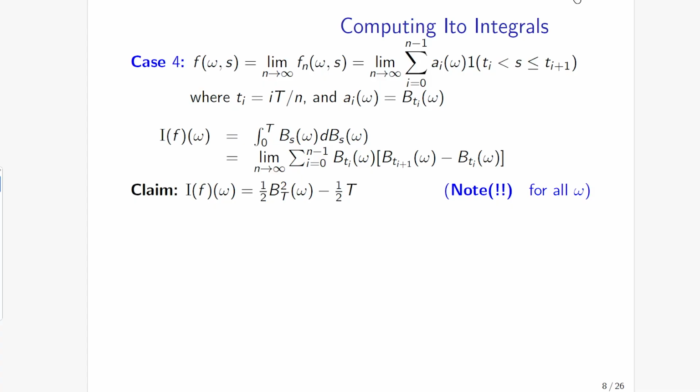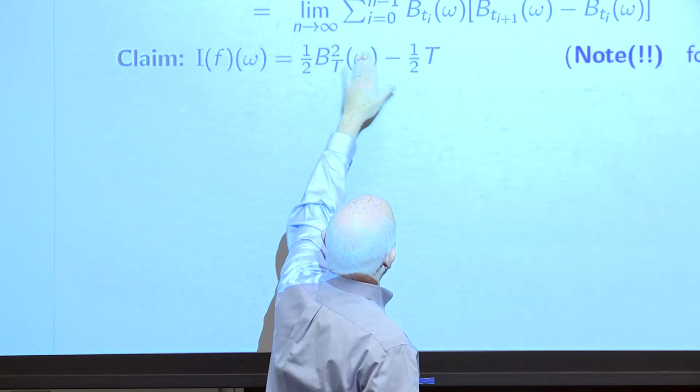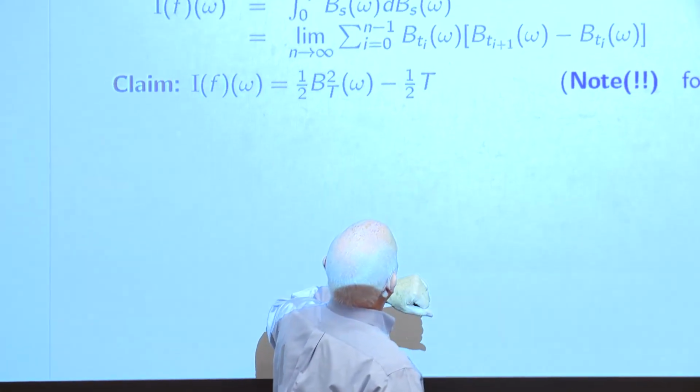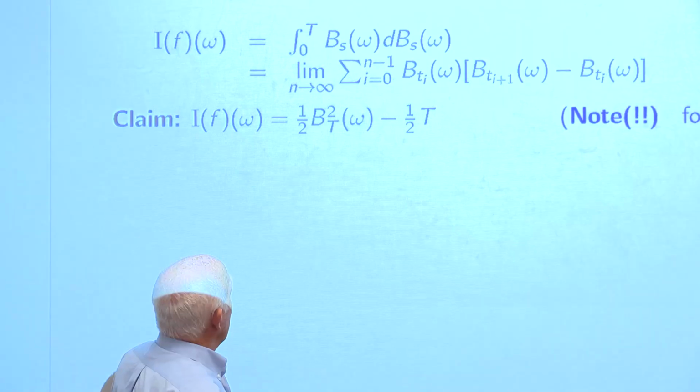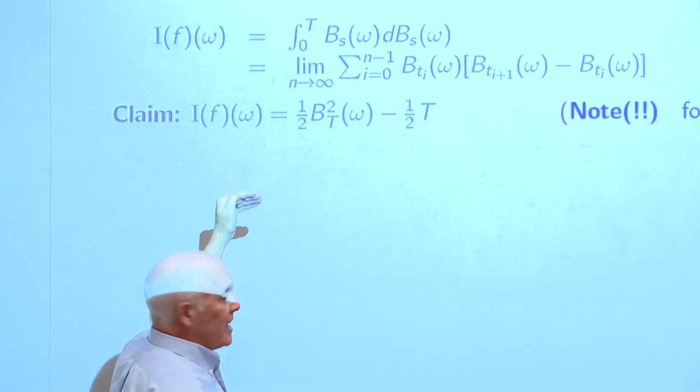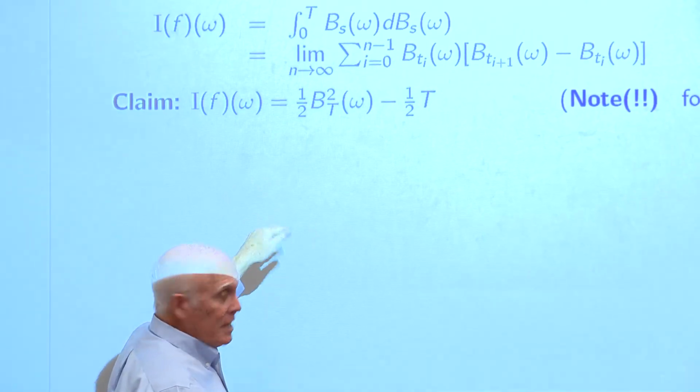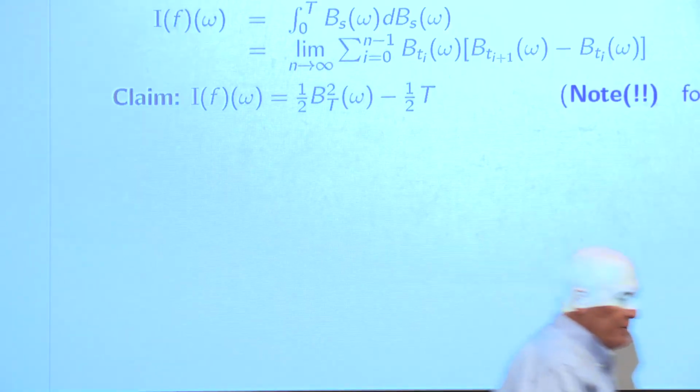So in our special case where f of x equals x, f of the Brownian motion is the Brownian motion itself, we end up getting this formula. And here we have basically the discretized value of the integral. And then what's of interest is to see how the limit of that equals this formula.